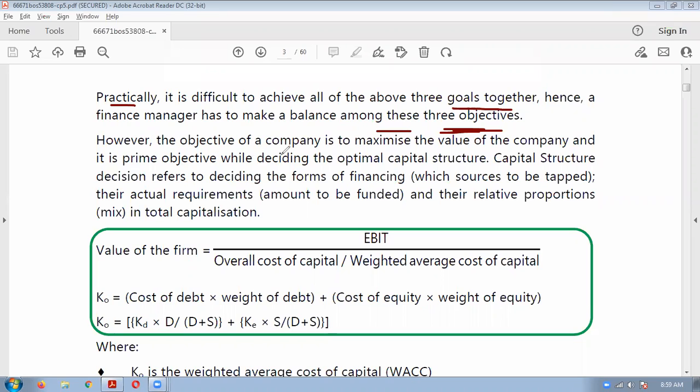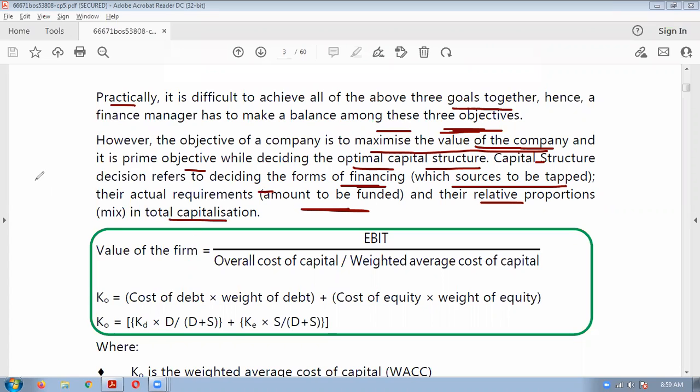What is the objective of every company? Every company aims to maximize the value of the company, and it is the prime objective while deciding the optimum capital structure, for the shareholders. Capital structure decision refers to deciding the form of financing, that is from which source you have to raise the funds and what is the amount needed from each source, the actual requirement, and their relative proportion in capitalization.